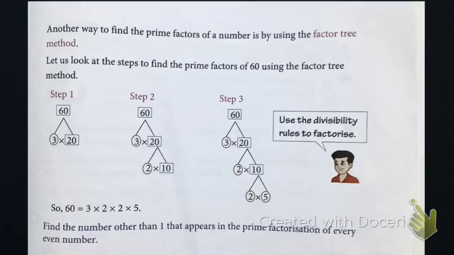There is a second method also to find the prime factors. Here you can see 60 can be written as 3 into 20. 3 is a prime number, so circle 3. Now 20 can be again written as 2 into 10. 2 is again a prime number, so circle 2.